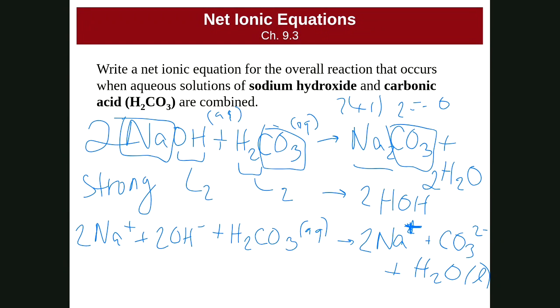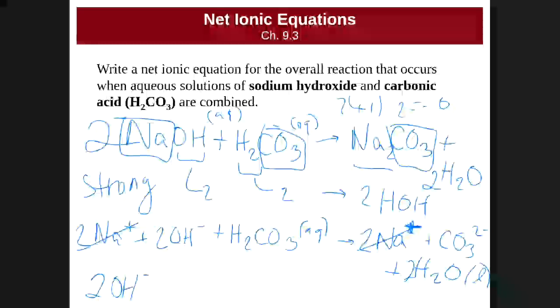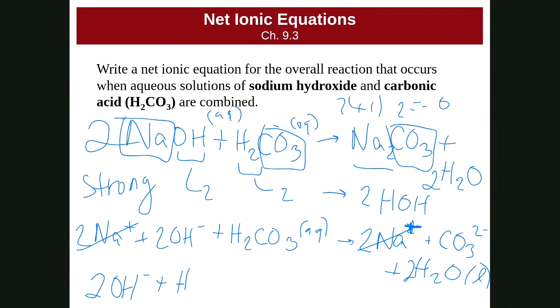All right, so what do we have that's the same on both sides? We have sodium ions, so we can get rid of those. And what do we end up with? We have two OH ions, two hydroxide ions, plus our carbonic acid, which does not fully dissociate, so we leave it alone.